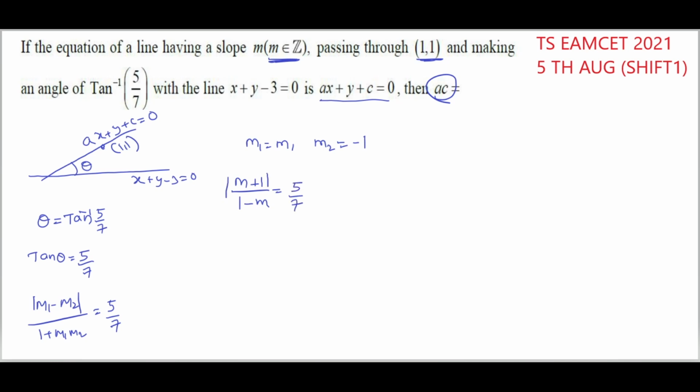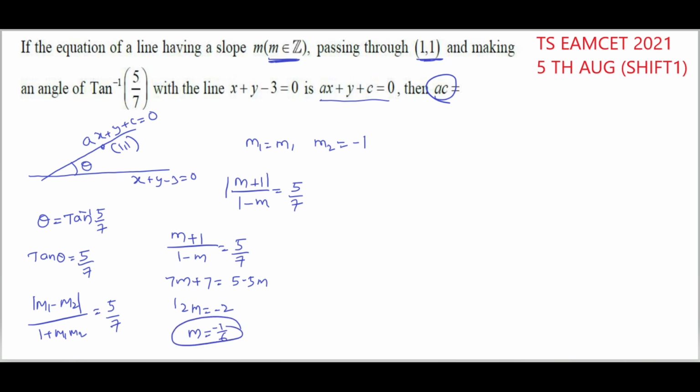Taking plus: (m plus 1) by (1 minus m) is equal to 5 by 7. From this, 7m plus 7 equals 5 minus 5m, so 12m equals minus 2, m equals minus 1 by 6.